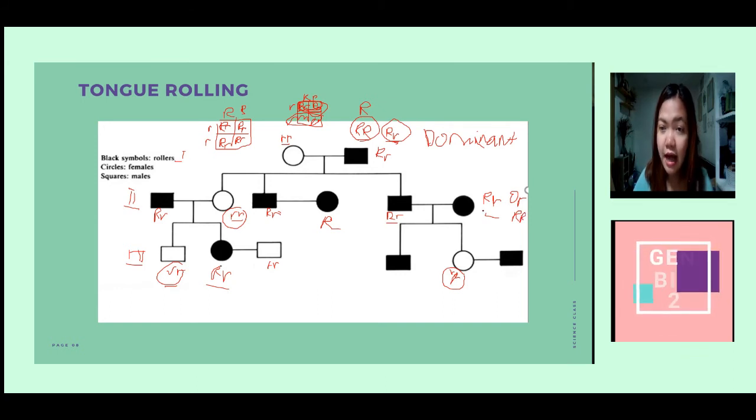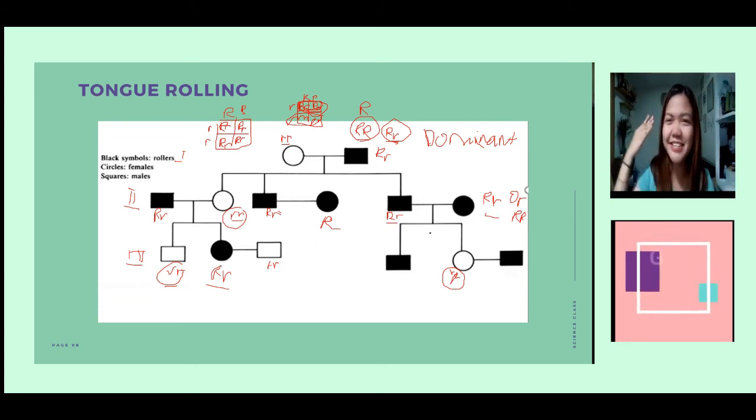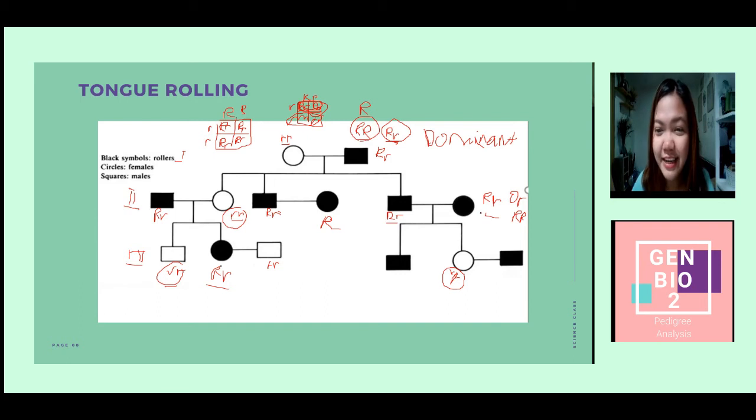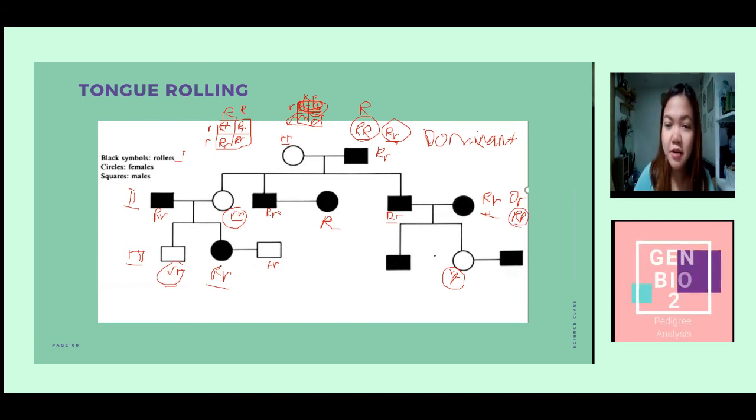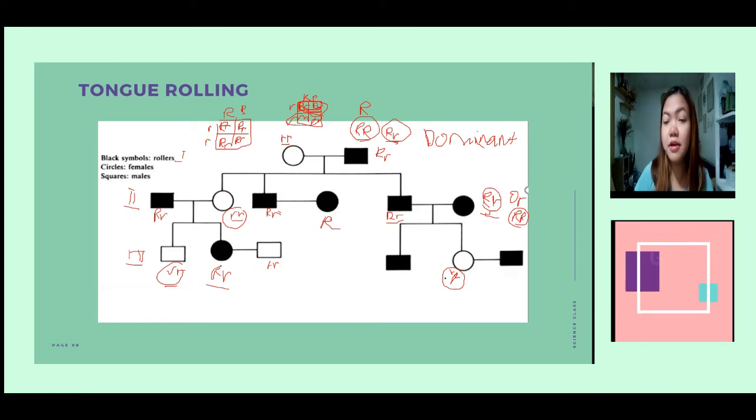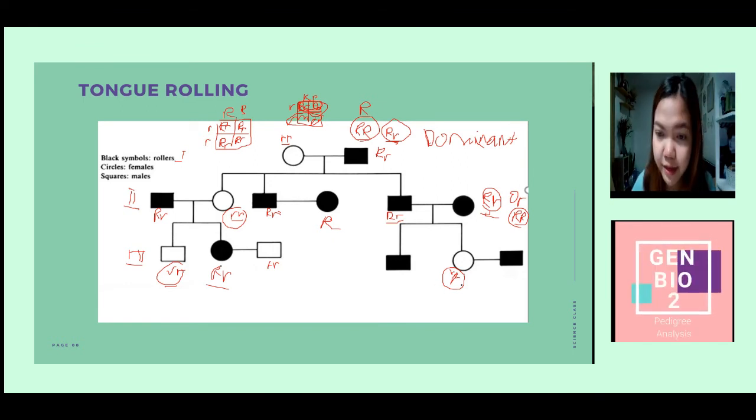Kasi it has the trait. Okay, that person has a trait. So to be sure na ito dapat yung genotype niya. Pag ito kasi nilaban mo, hindi ka magkakaroon ng offspring na may ganito genotype. Kasi saan nagagaling sa isang allele galing dito. So, dapat natin para magkaroon ka ng unaffected offspring.